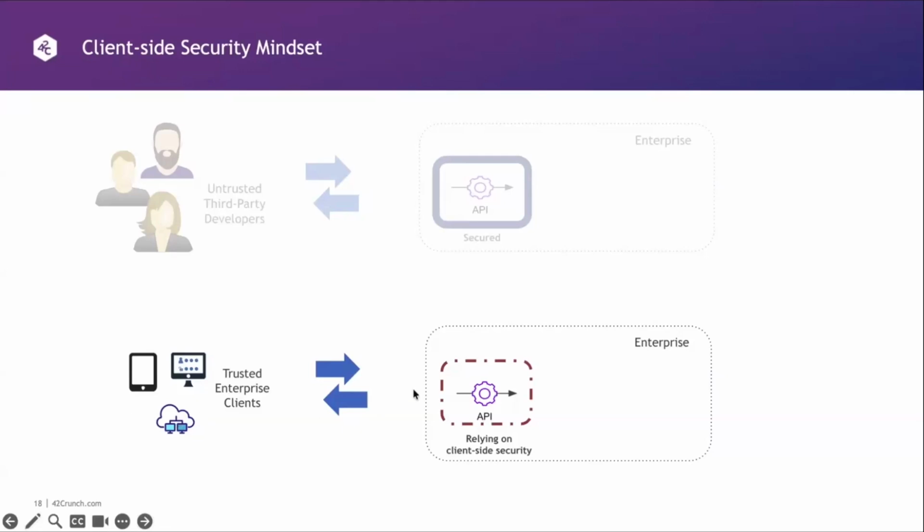For example, the API team might think, okay, all of our users have to log in on the SaaS platform before there's any API traffic anyway. So we know that for all of the API requests the user is already authenticated, so we don't have to authenticate again.